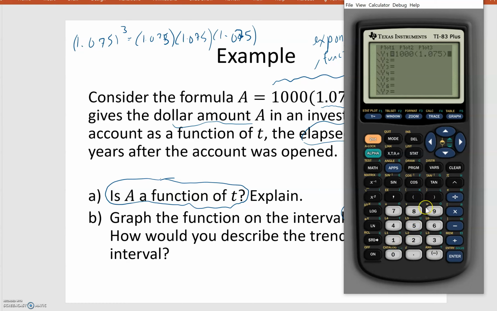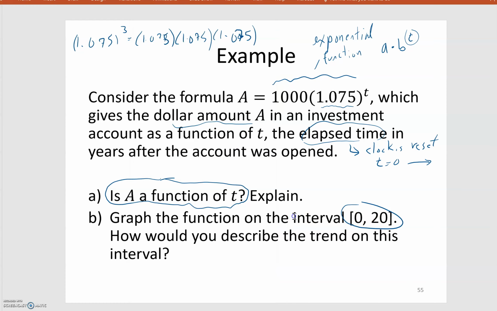When you have an exponent, you use this button right here. And this is our variable button. We don't use t specifically, we'll just use x, okay? So there's our function. Now I want to graph this on a particular window. The problem asked for the interval 0 to 20.